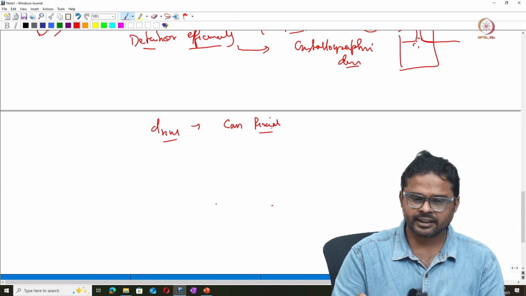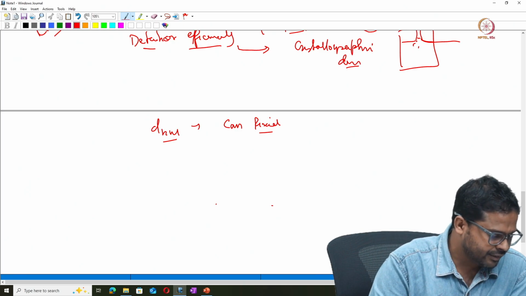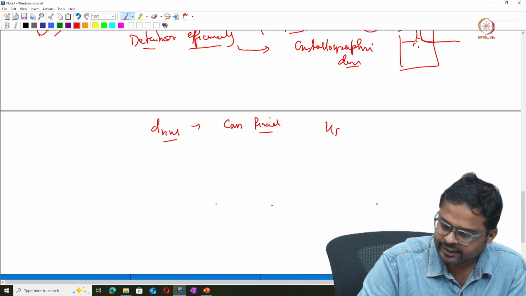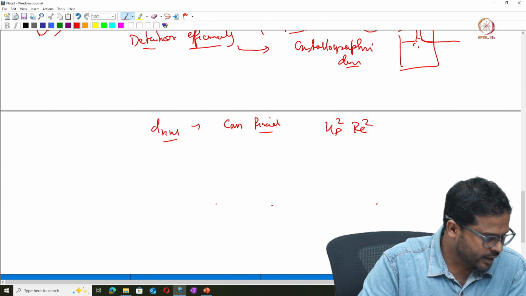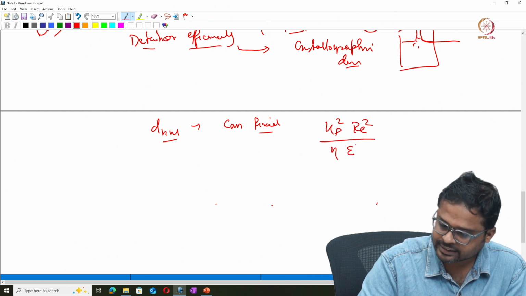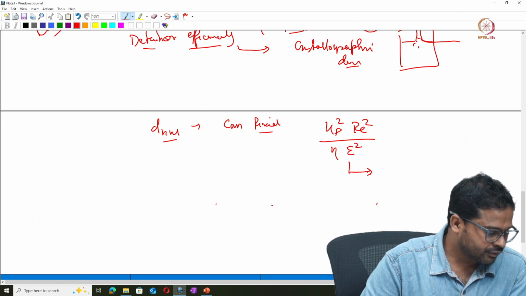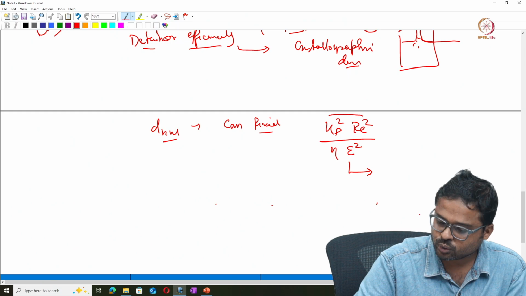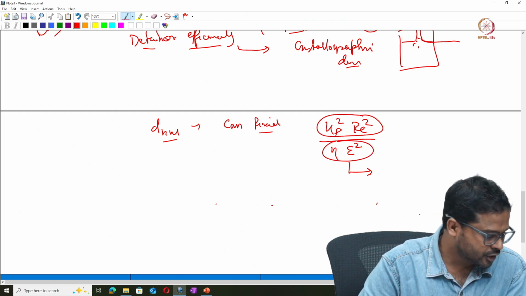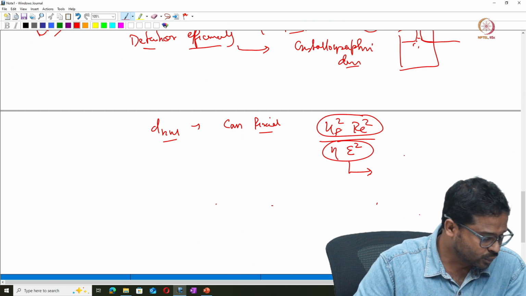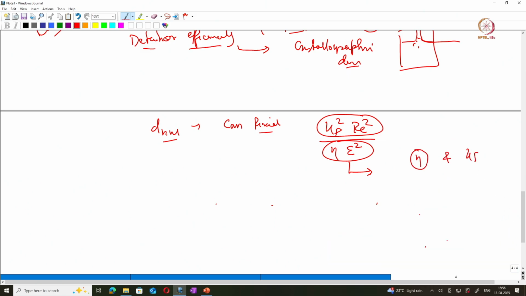As we have discussed, if we know that d_hkl can be fixed, then the ratio KF square FE square divided by efficiency and xi square is fixed by the ratio between the numerator and the denominator. So it is possible to tune the efficiency and adjust the KF value such that your d_hkl remains the same. This is where we can actually get the efficiency.